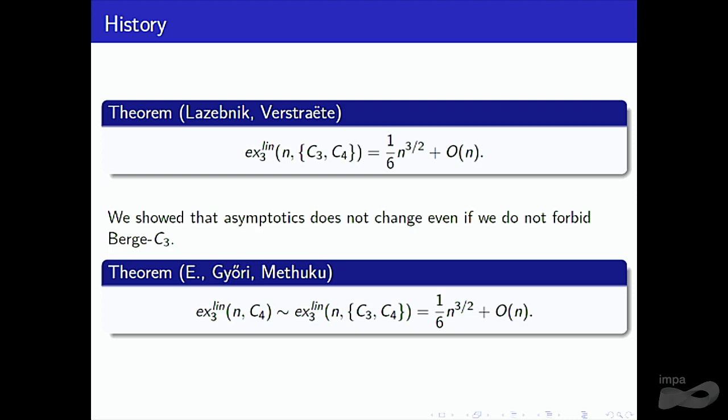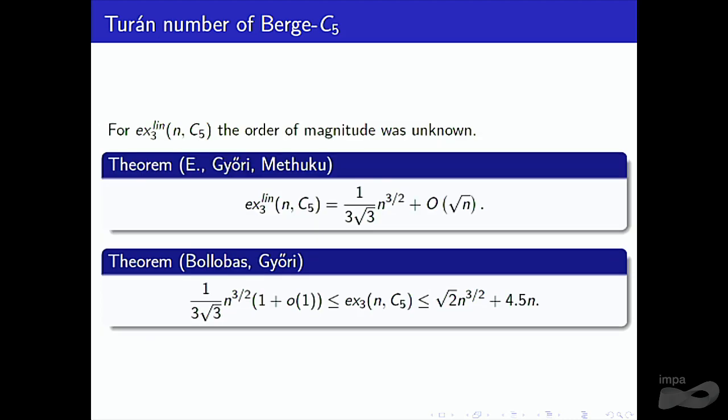Together with Ervin Győri and Abhishek Methuku, we showed that the requirement of forbidding C3 is not necessary, so the extremal number is still the same, asymptotically. Actually, everything in this talk is asymptotic, so sometimes I might forget to say it, but when I say sharp, it's asymptotically sharp. So the theorem is that the extremal number of C4 in linear hypergraphs is the same as forbidding C3 and C4. Of course, the construction is the same.